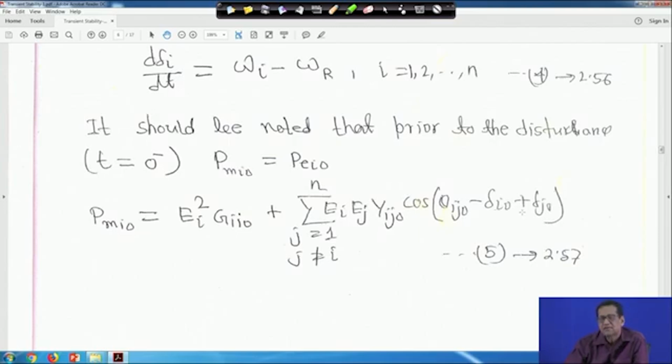This is equation 5, which holds before the disturbance.